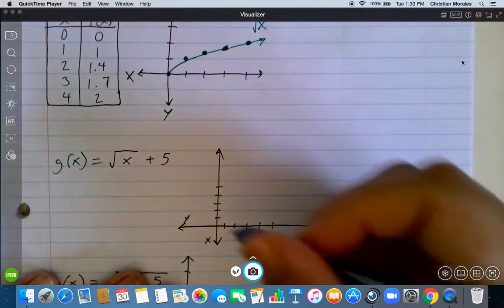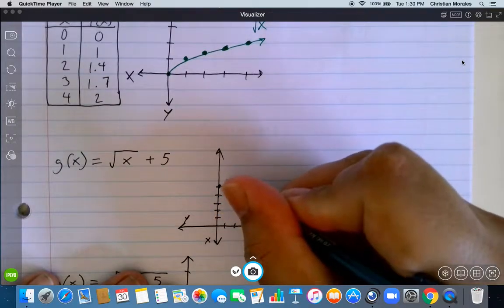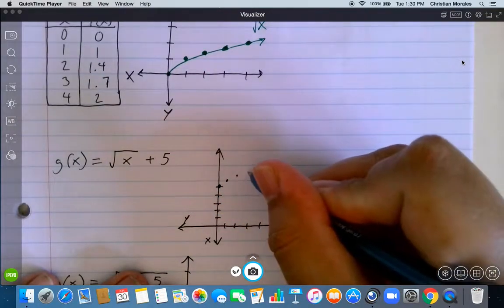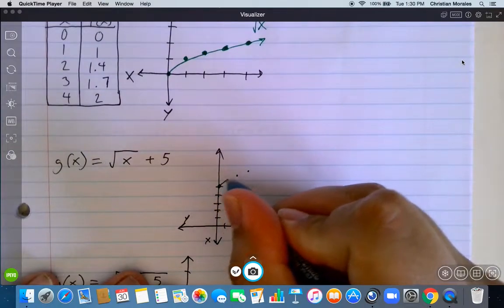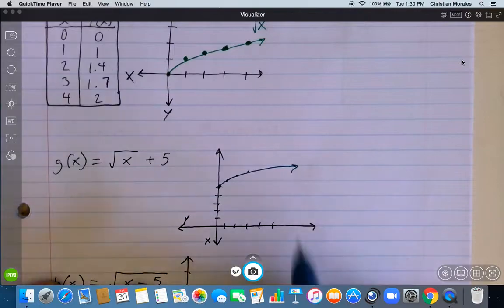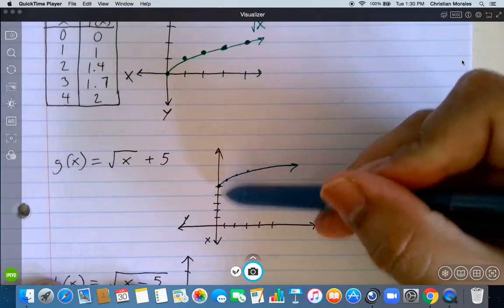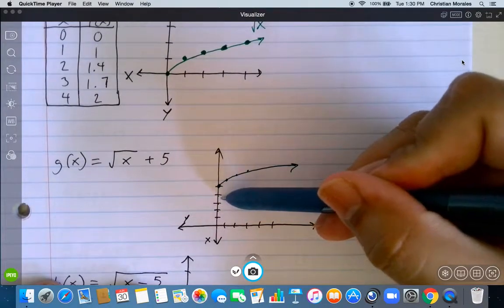What happens is this. That entire curve for the square root function went up 5 units. 1, 2, 3, 4, 5.